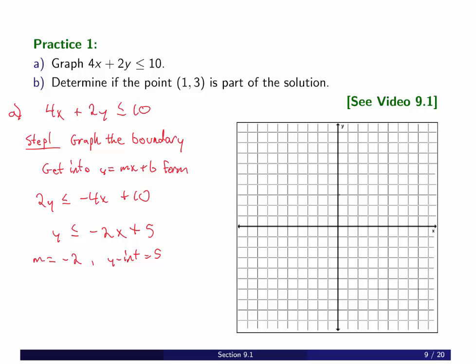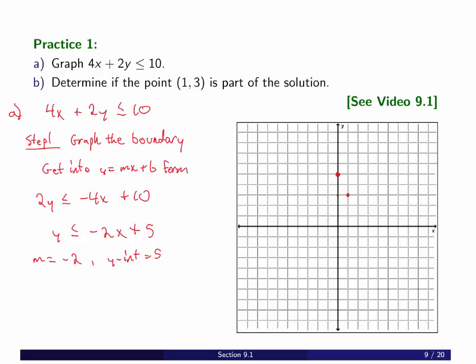So we have 1, 2, 3, 4, 5 is the y-intercept. The slope is -2. What this means is that you can say it rises -2, so it goes down by 2 and then over 1.